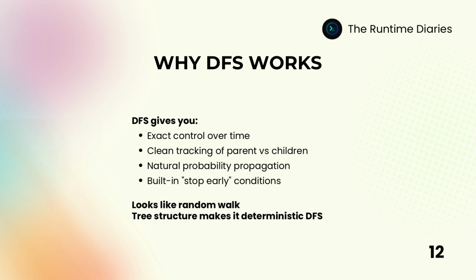Time t gives you a max depth. No cycles means no branching confusion, and probability splits only when children exist. If the frog gets stuck, probability stops moving. Even though this feels like a random walk, DFS makes it deterministic and structured.